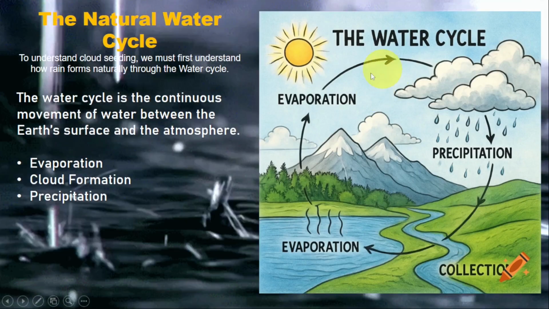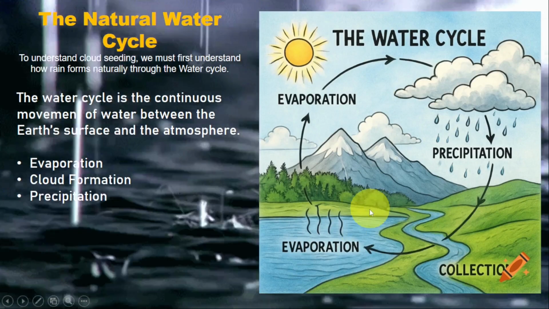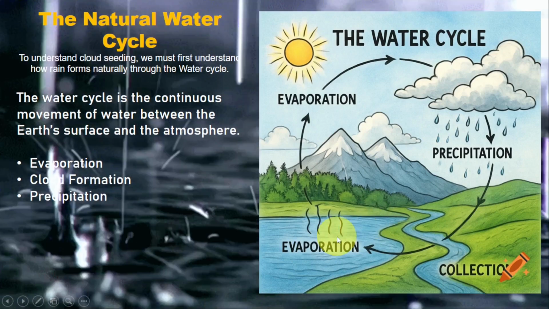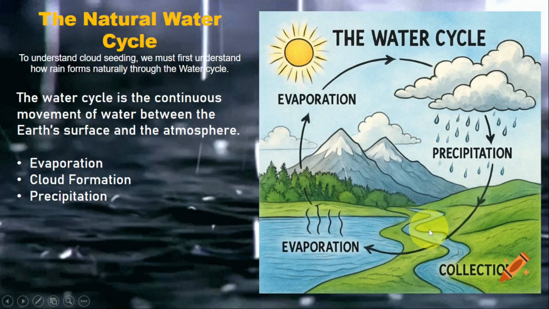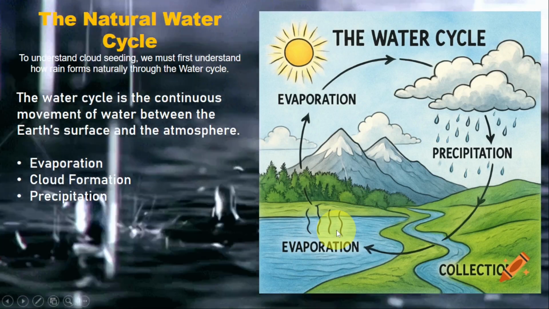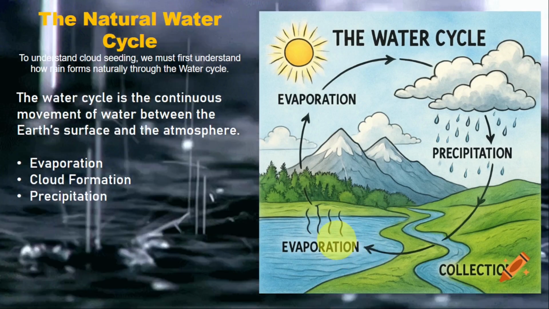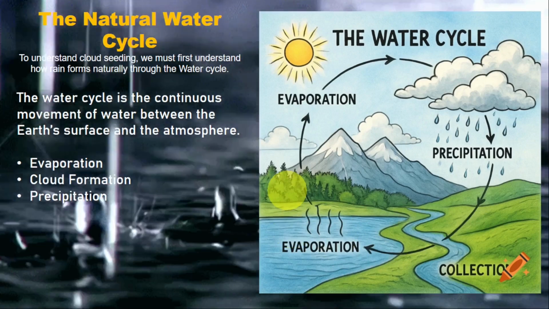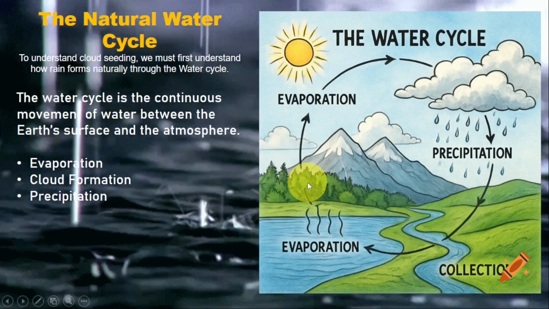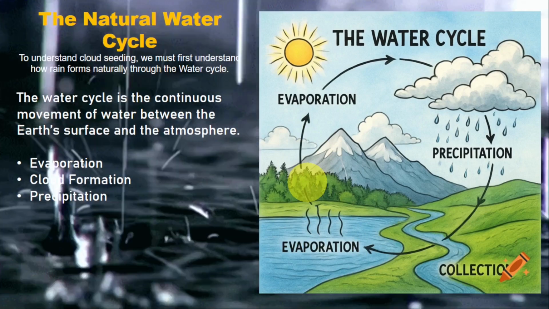So from this picture, evaporation takes place from water bodies such as sea, rivers, lake, ocean, even the clothes or the food you want to sun dry. So evaporation takes place from the surfaces and they move up as moisture.